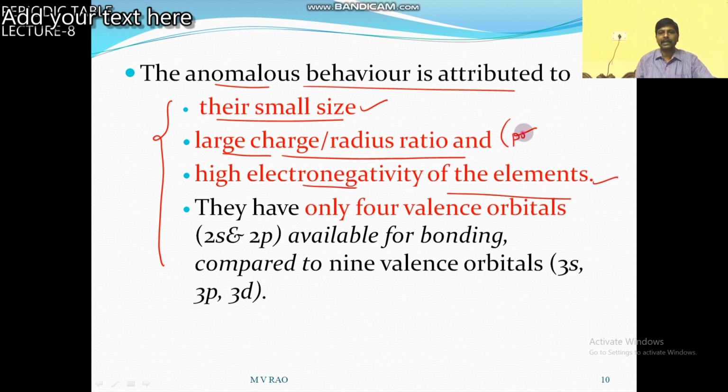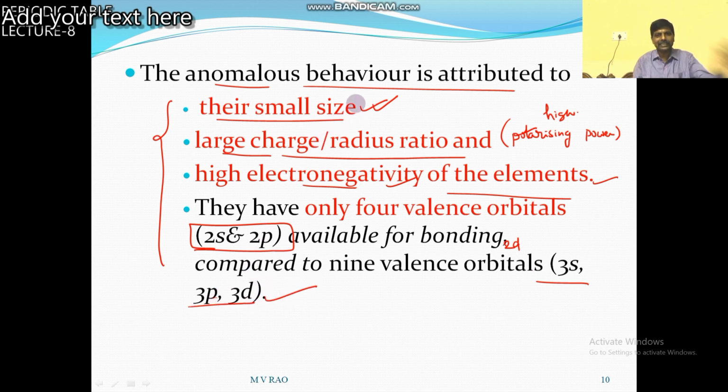This is also called polarizing power. The reasons are high polarizing power, small size, high electronegativity, and absence of d orbitals. There are no d orbitals in second period elements, only 2s, 2p, and no 2d, whereas in the third period 3d is there.